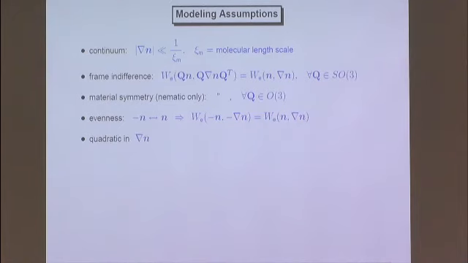The assumption is that you can truncate this at terms that are quadratic in this gradient, and so the basic model doesn't include any higher order powers. It doesn't include any higher order gradients, although there will be at least a couple of other talks concerned with this K13 term, which, when you assume this, is not allowed, but was classically included.